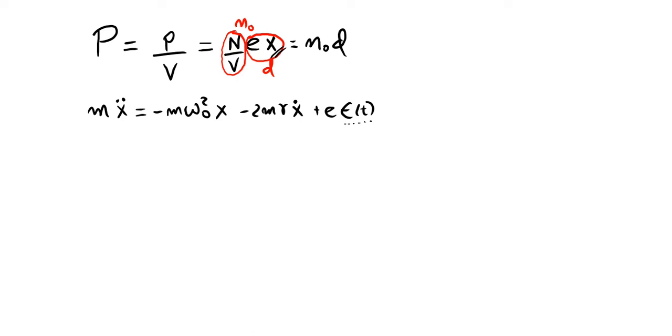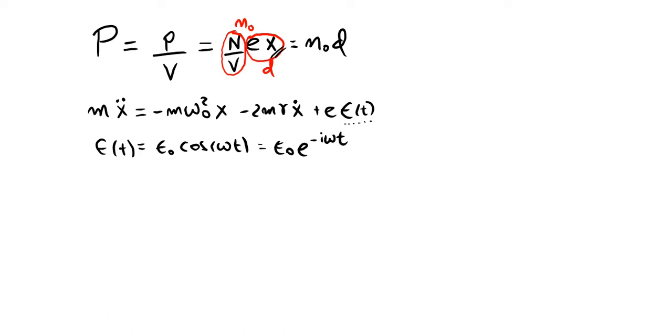So I'm going to assume that this light that I'm using here is monochromatic. So E of t is actually some constant multiplied by cosine of omega t, for example. Or you can also write something like E0 e to the minus i omega t.